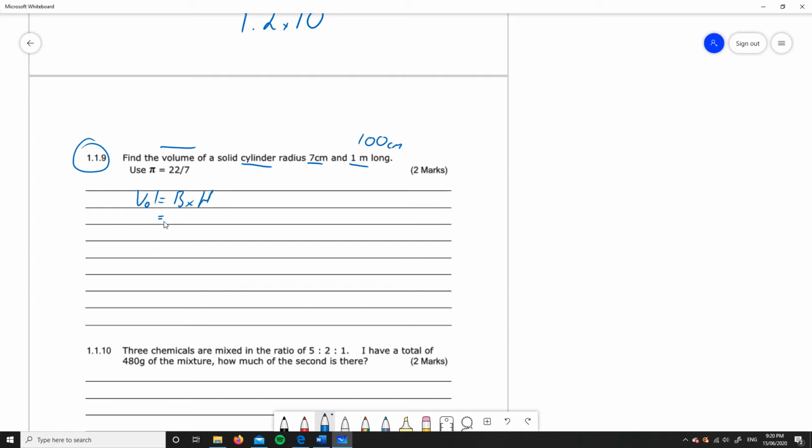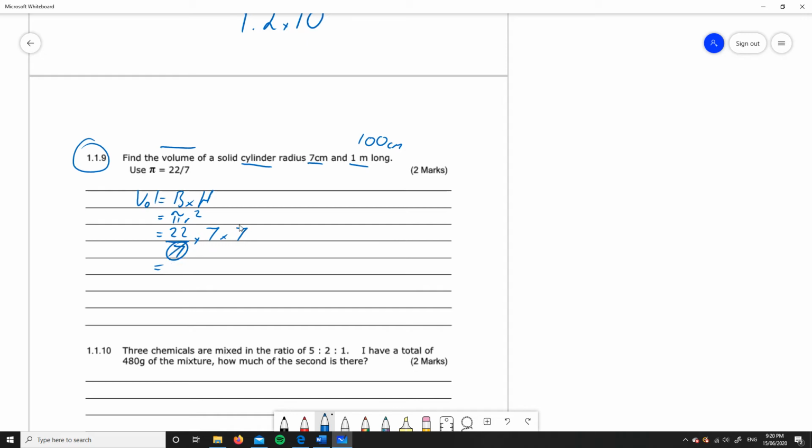Area of my base, being a circle, is going to be pi r squared. So if I look at 22 over 7 times 7 times 7, so radius squared is 7 times 7.